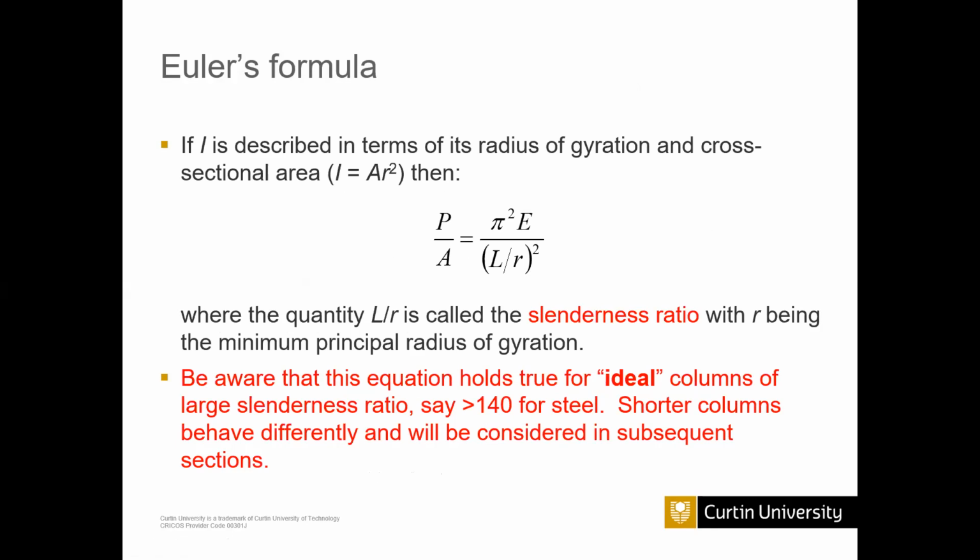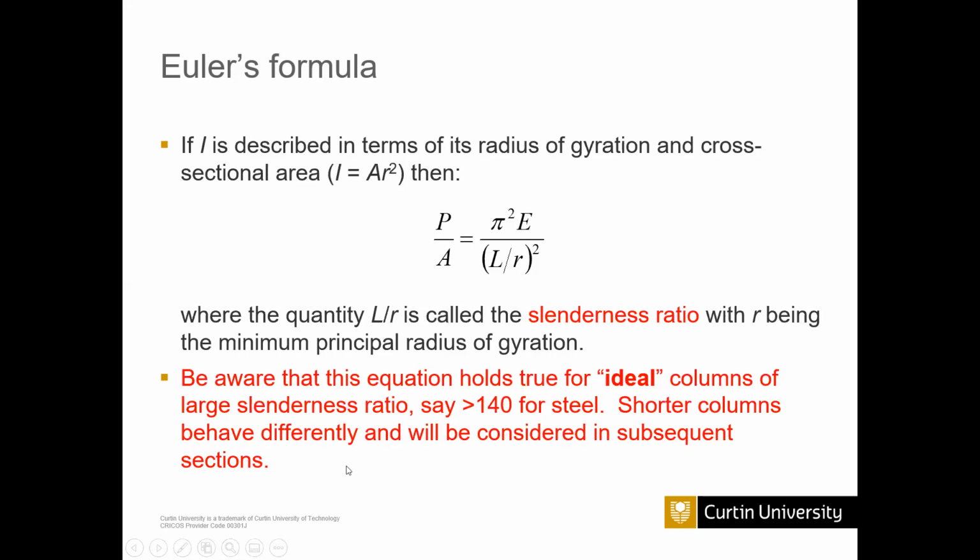Normally in this module we deal basically with steel, with a little bit of aluminum and titanium, but steel is still the main focus. So for steel, if the L/R ratio is higher than 140, the shorter columns behave differently, and that will be considered in a subsequent section.